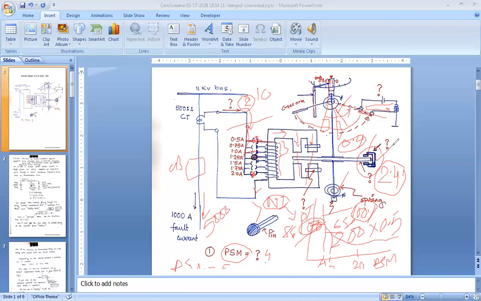If there is any movement, then it will oppose that movement, and when it is steady, then it will not oppose any force on the disc. So it is the operating principle of the current relay.